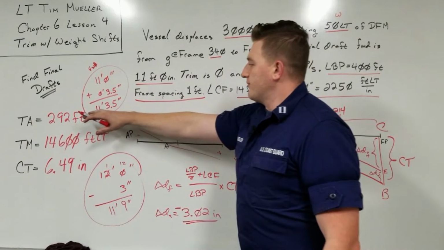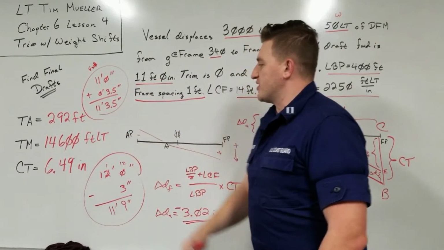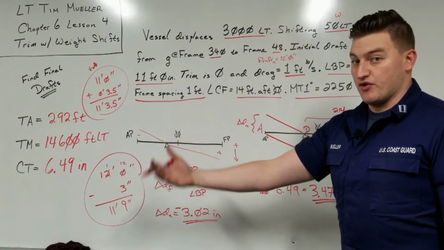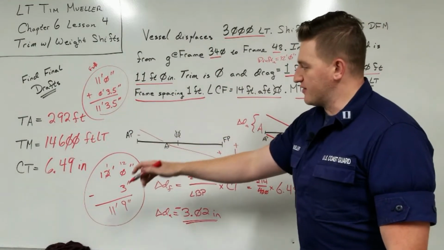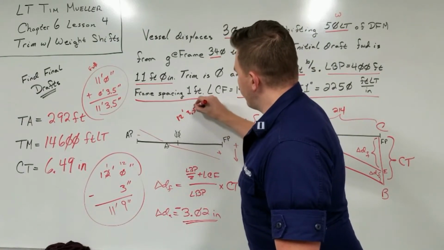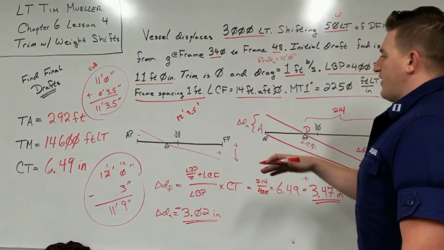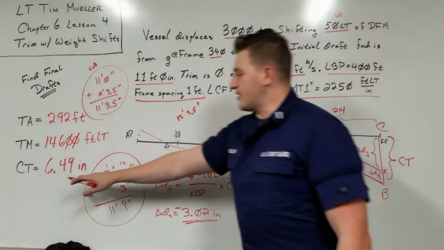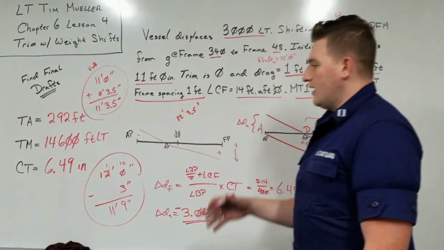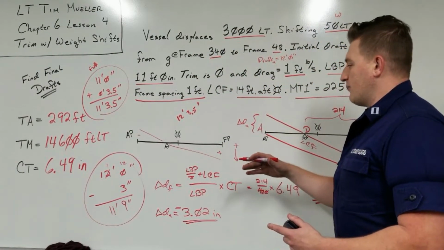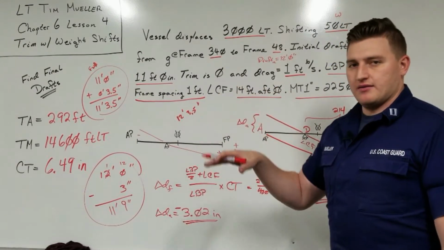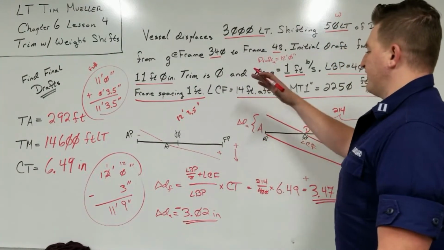Take our forward draft, 11 foot, 3.5 inches. Then we add a foot, so with drag with no trim. Add a foot, so now we're working at 12 feet, 3.5 inches. Then we're going to impose 6.5 inches, just rounding that straight up to 6.5, of change in trim. But now we know that our change in trim makes our aft higher.